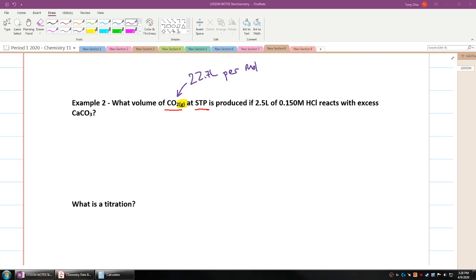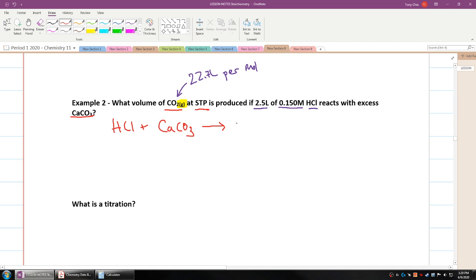Okay. Now, what we have next is that this is produced if 2.5 liters of 0.150 molarity HCl reacts. Okay, so that means hydrochloric acid will react with calcium carbonate. Well, calcium carbonate is basic, and when it reacts, it doesn't really neutralize the same way we usually have a neutralization reaction.